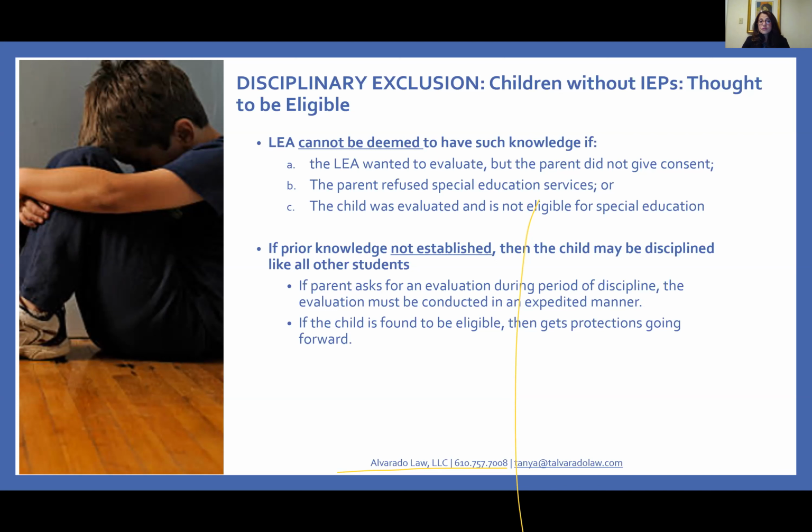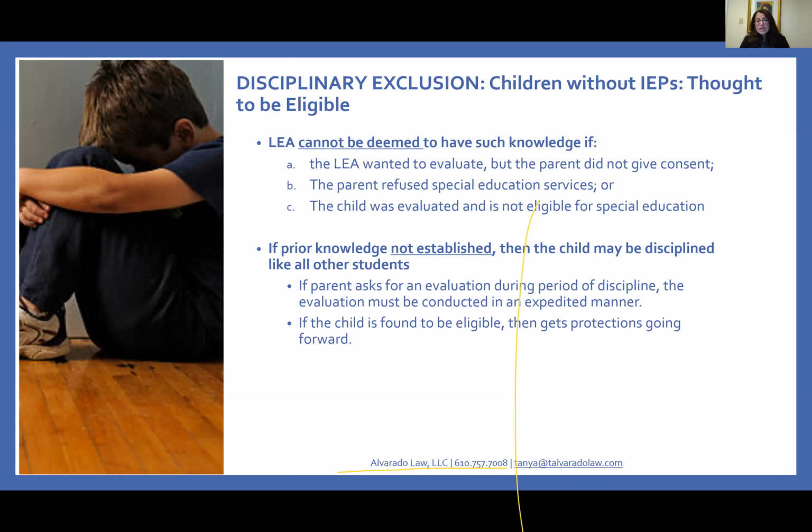Or if the student was evaluated by the school district and the school district said they're not eligible for services. So those are situations where the school district is deemed not to have knowledge. Now that third one, if you disagree with it, you should be filing for mediation or due process, to kick in those protections. So that's what I would suggest.